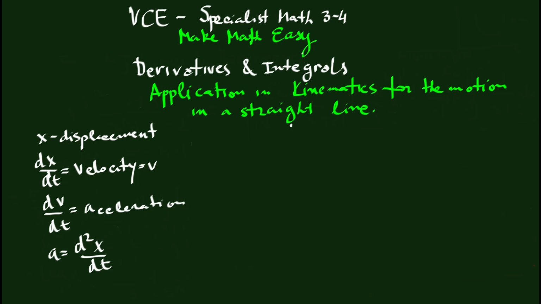Let's now draw a diagram of displacement as a function of time. If the diagram looks like something like this, here we have a point where time is 0, therefore this point here is the initial displacement.